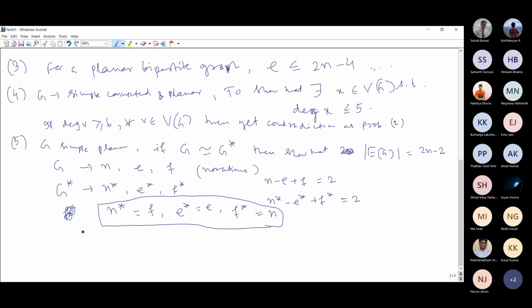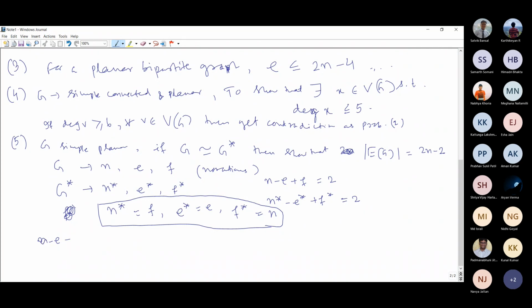So in this equation, you have to prove that the number of edges in the graph is 2n minus 2, right? So how do you get this? Number of edges is 2n minus 2. So now you have this equation, n minus e.